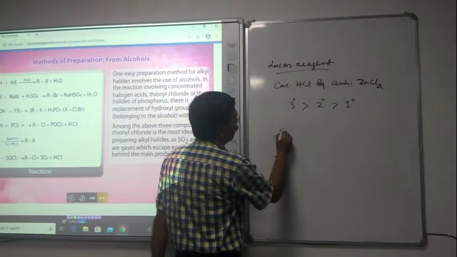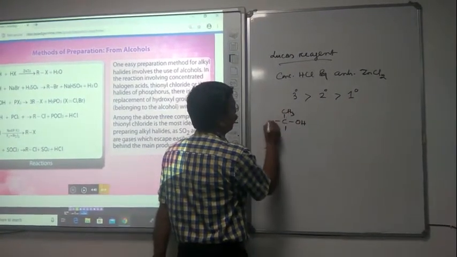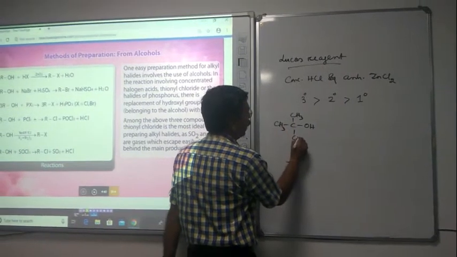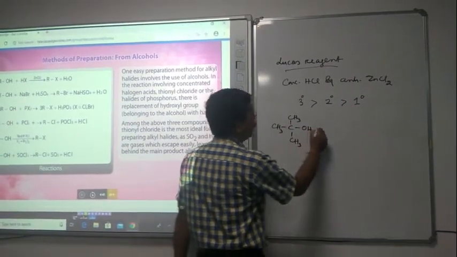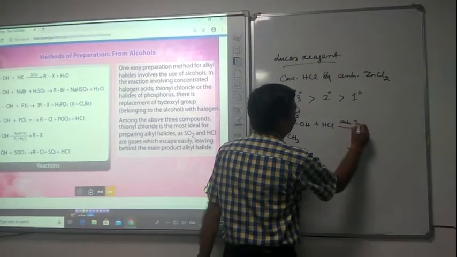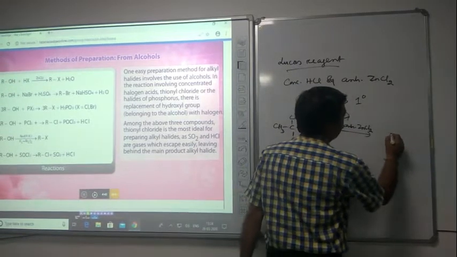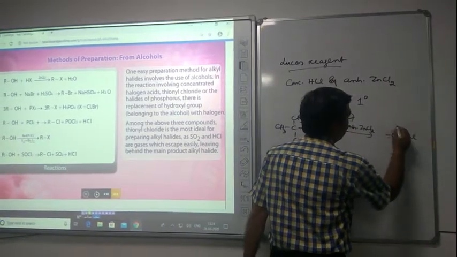See, suppose I take a tertiary alcohol like this. This is tertiary butyl alcohol, with HCl and anhydrous ZnCl2. So the product is tertiary butyl chloride.